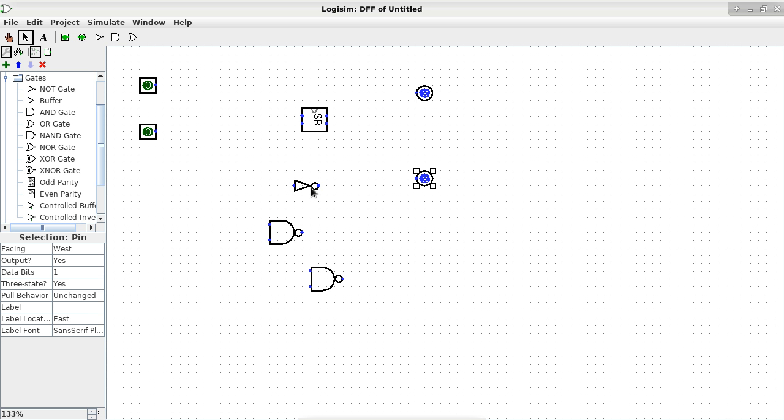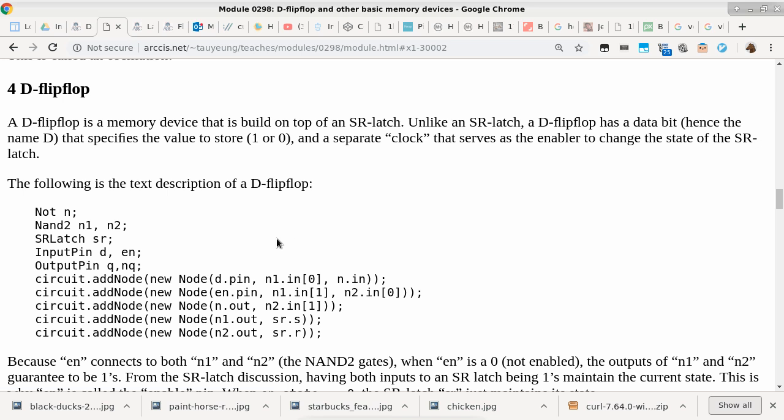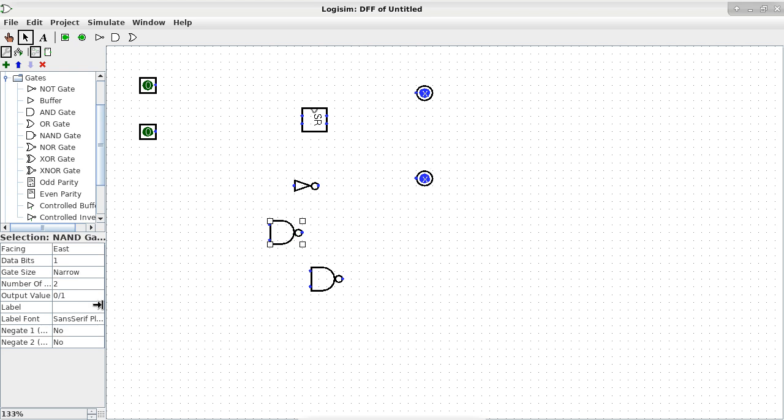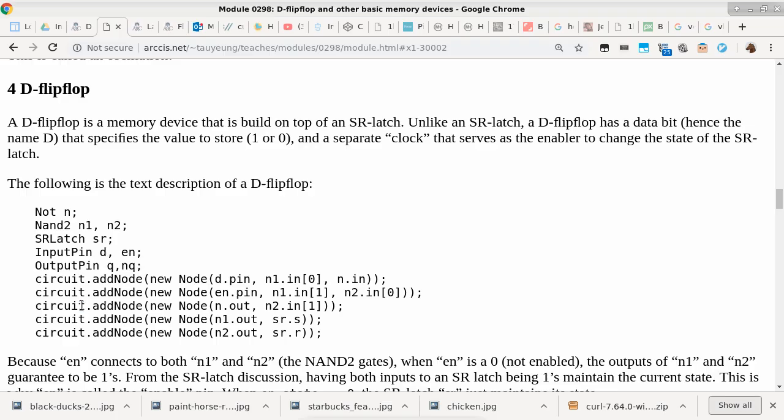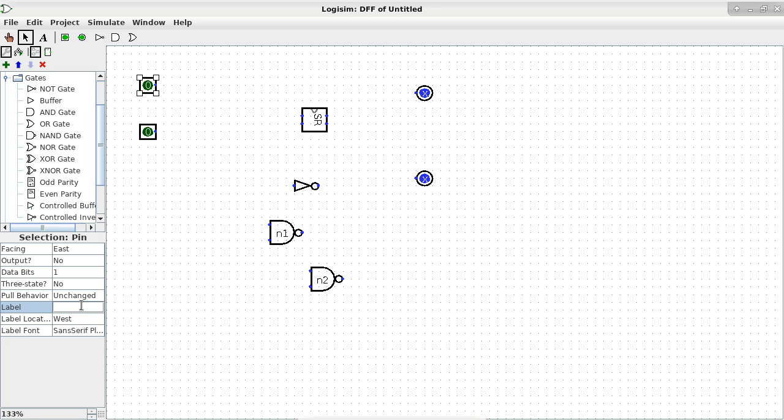All right, so we got the negation gate, and I think the NAND gates are still called N1 and N2. So here's N1, and here's N2. The inputs are different from last time. One input is called enable, or EN. The other one is data, which is D. Oh, okay.